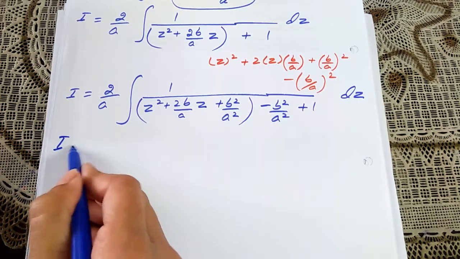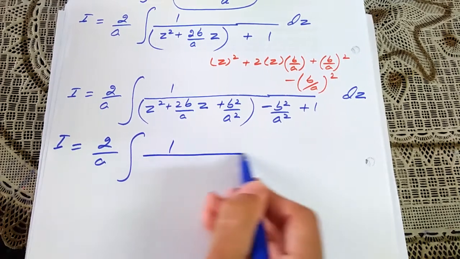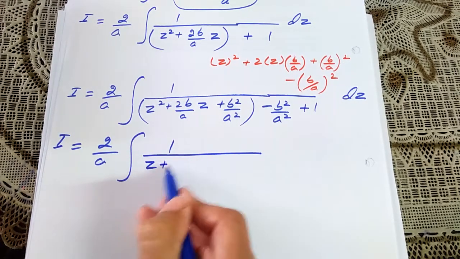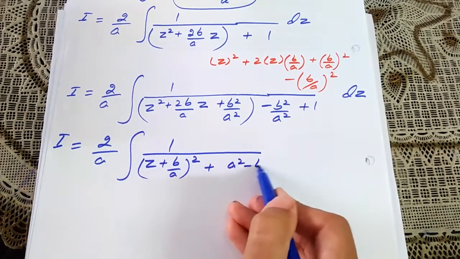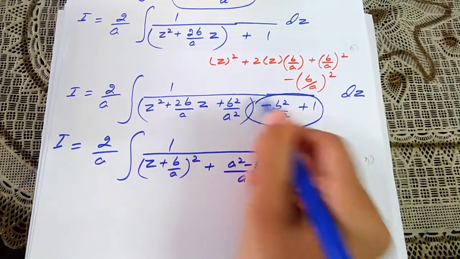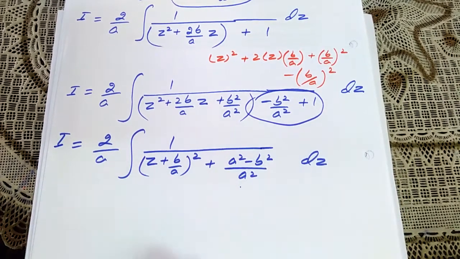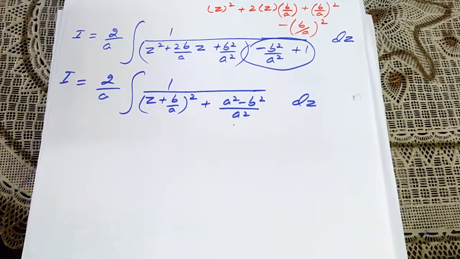So after simplification, completing square, closing the formulas, I will get here 1 over z plus b over a whole square plus a square minus b square over a square dz. I just simplified this like this. Take the LCM and I will get here. Now cases arise here.